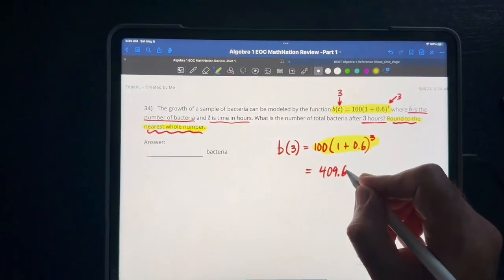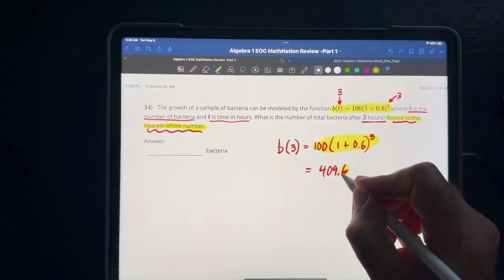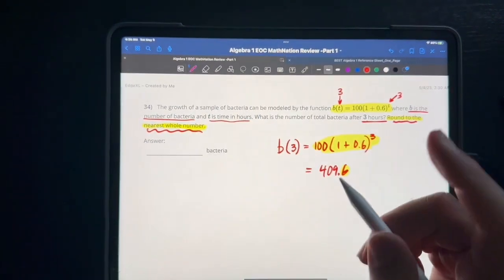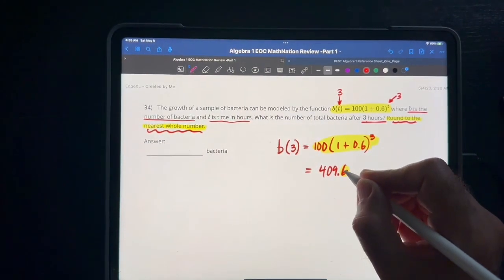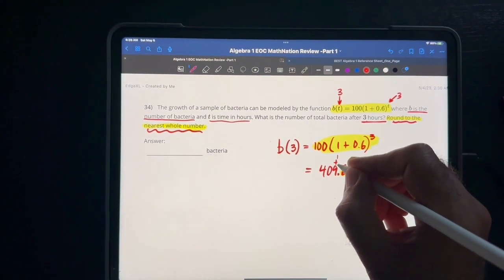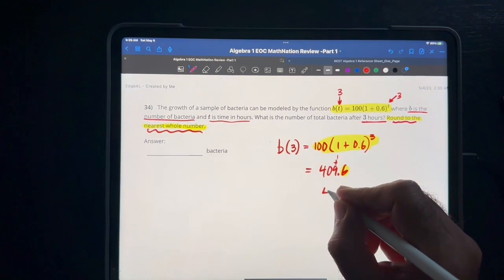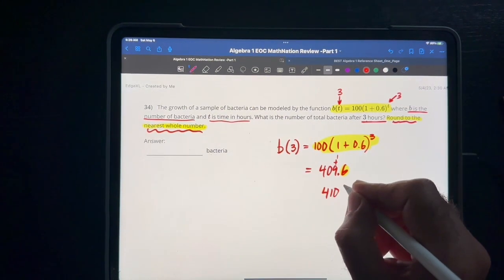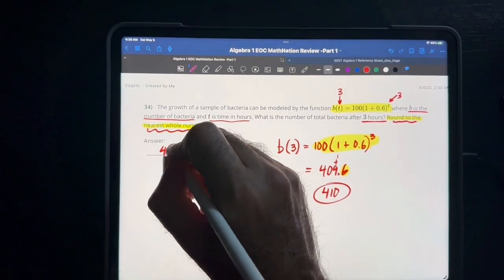So we look on here. This is the number that you use to determine how to round, right? So if it's 5 or more, you raise the score. This is 6, so I'm going to raise the score. I'm going to add 1 to 9, and I get 10. So this works out to be 410. That's to the nearest whole number.